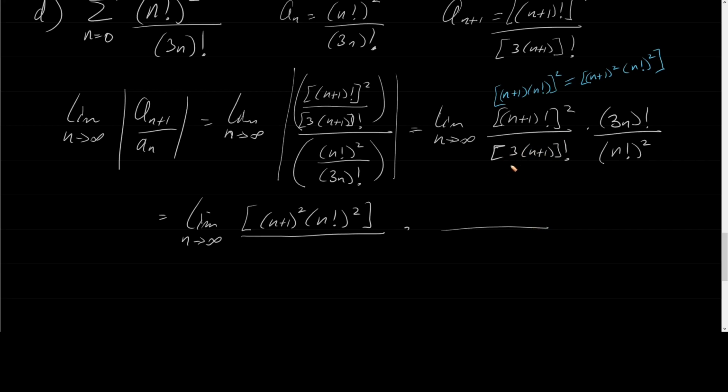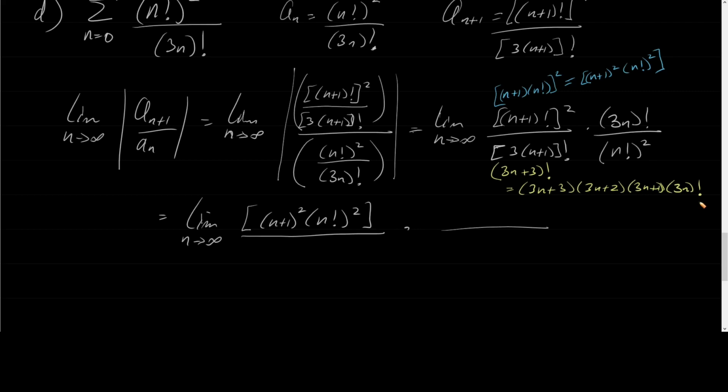So if I distribute this 3 into here, I have (3n plus 3) factorial, right? And that's the same thing as saying (3n plus 3) times (3n plus 2) times (3n plus 1) times (3n) factorial.